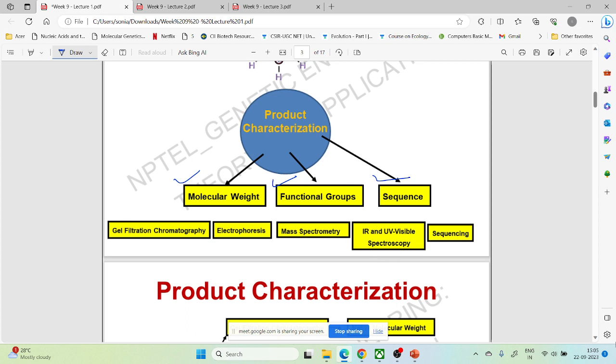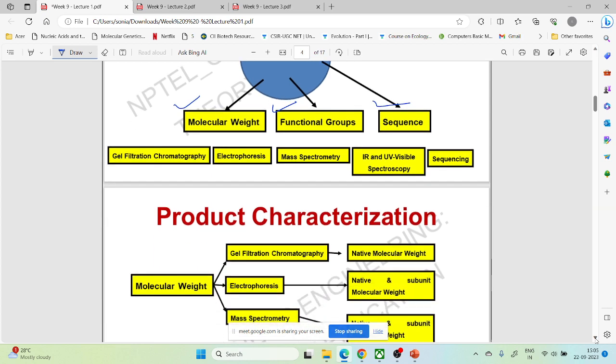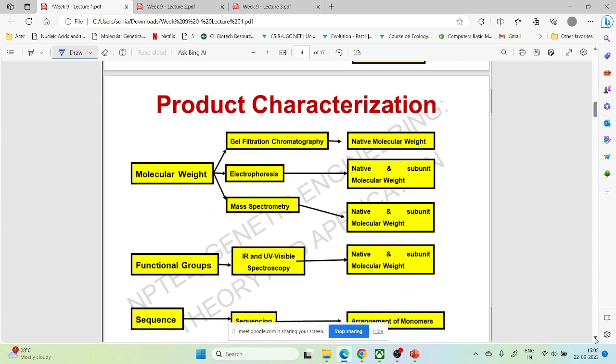Then what we studied in this lecture was that for the characterization of molecular weight, we have many different approaches like gel filtration chromatography, electrophoresis, mass spectrometry. Gel filtration chromatography we have already studied in our previous classes.